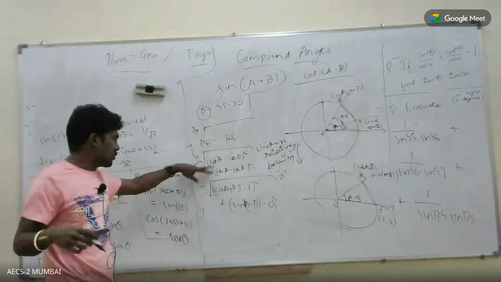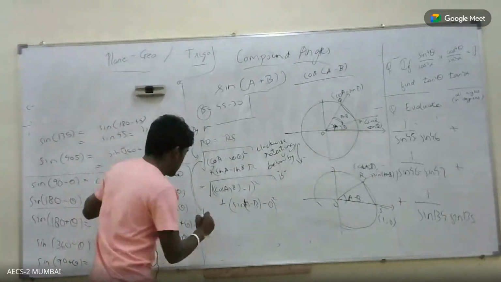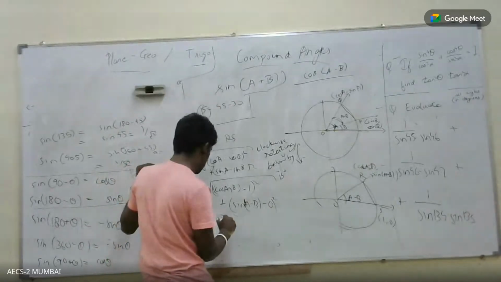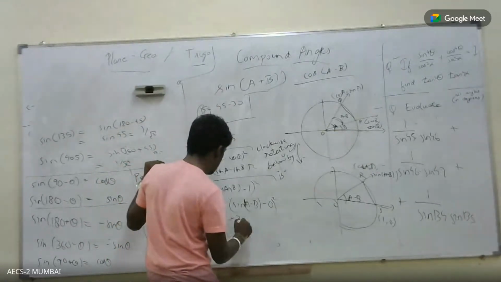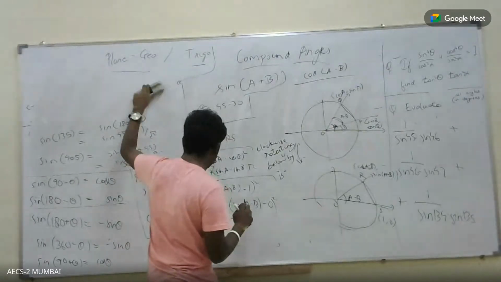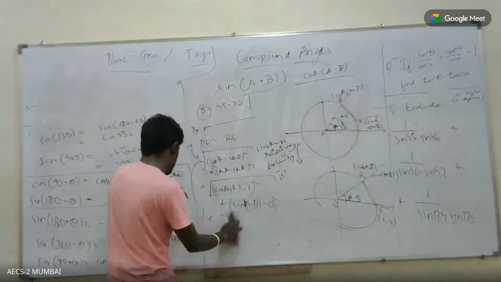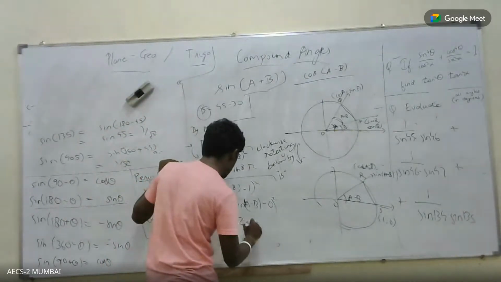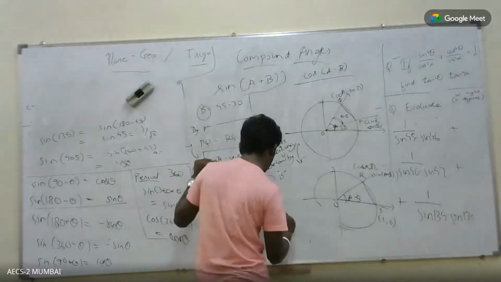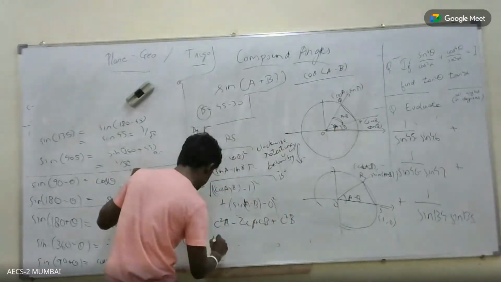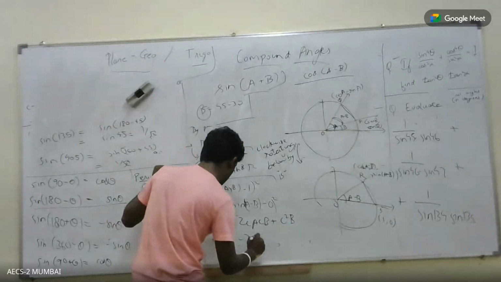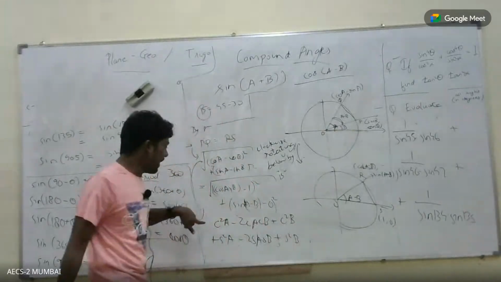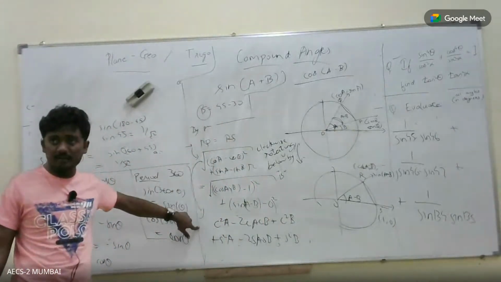Simplifying this, we have a big formula on the left hand side. We'll ignore that. Square both sides. We'll have cos square A minus 2 cos A cos B and so on. Right? This is what the left hand side looks like expanded.